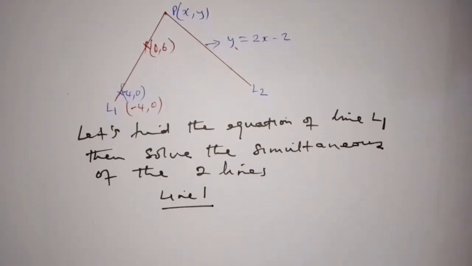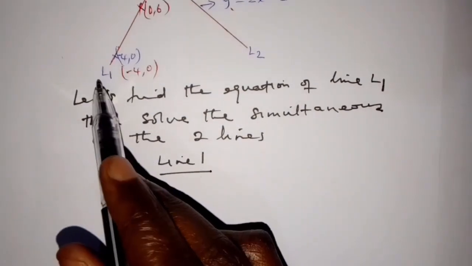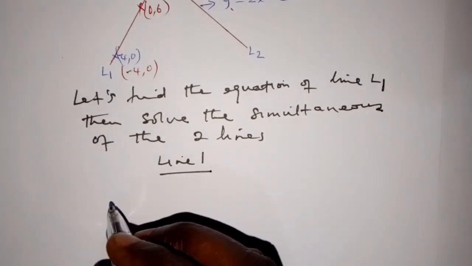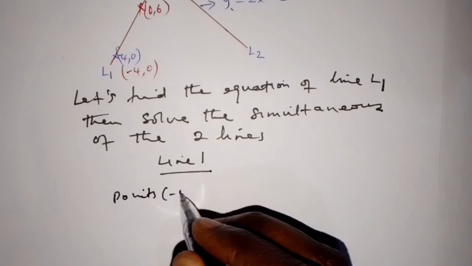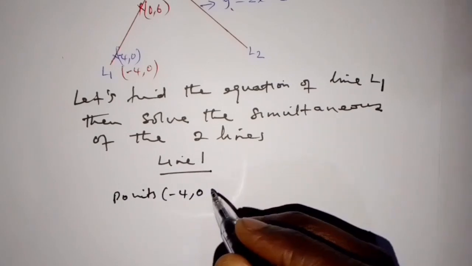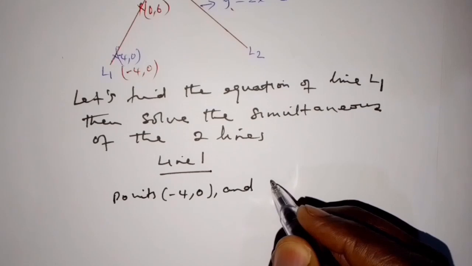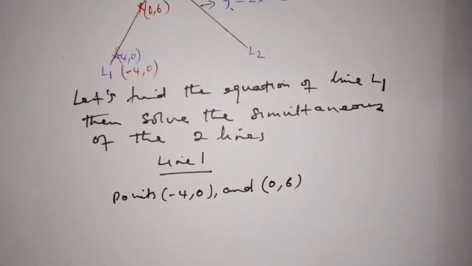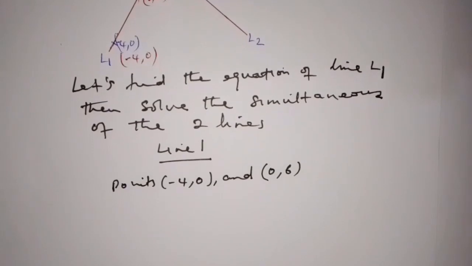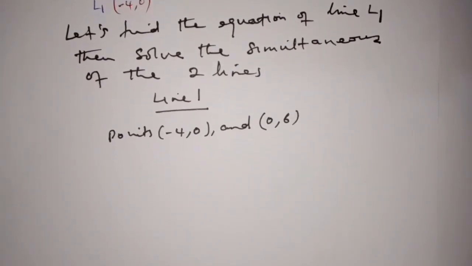So for this line 1 we can use points negative 4, 0 and 0, 6 and apply gradient.